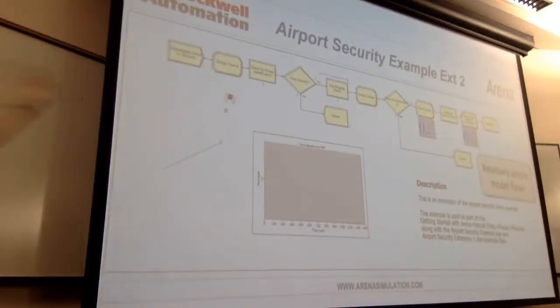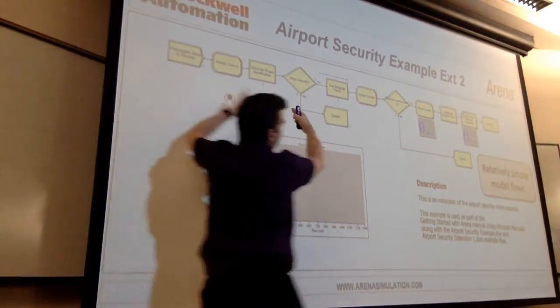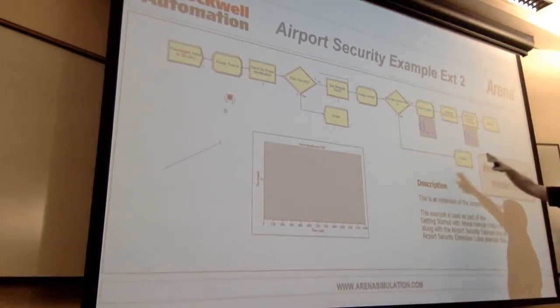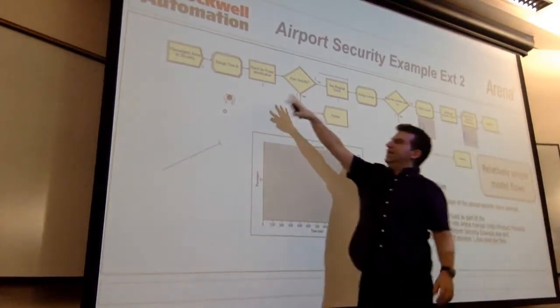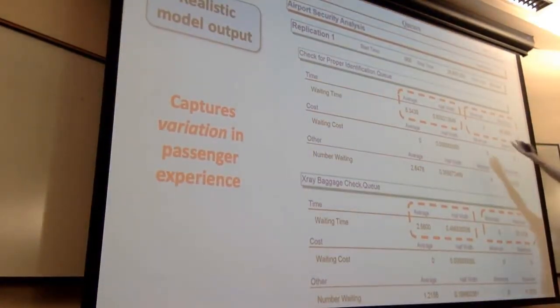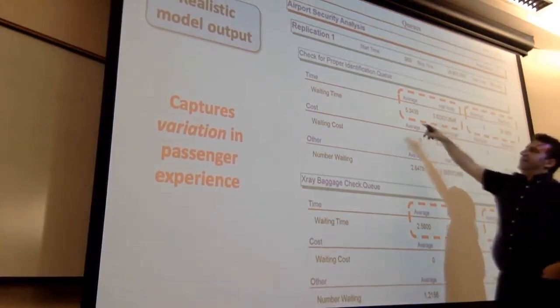And then, for the airport example, again, I've just taken that small example, I've added a bunch more steps to the process after they go through ID check, and it's, again, a relatively simple model, but you end up getting stats that come out of it where I've got real variation here in passengers.